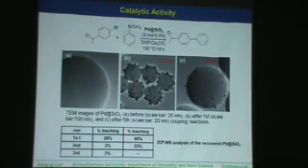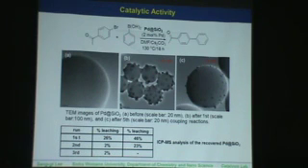And then catalytic activities have been tested by Suzuki reactions. Before doing the reactions, there is no evidence of these particles, but after recycling, palladium particles appeared on the surface.